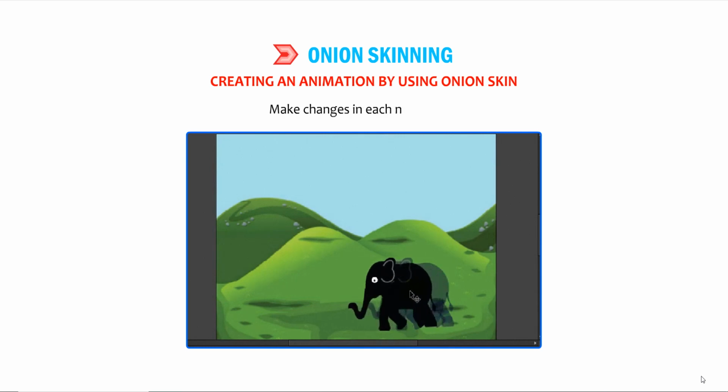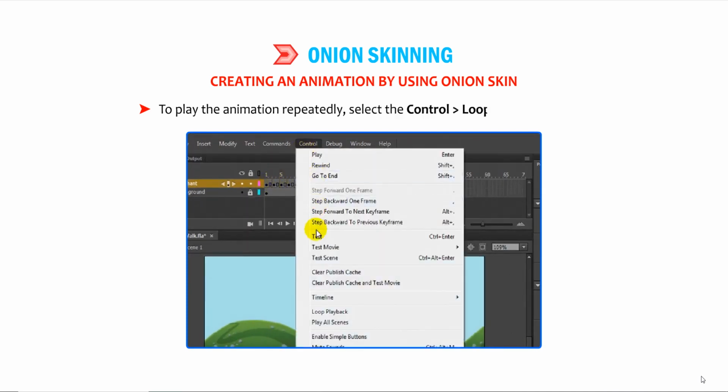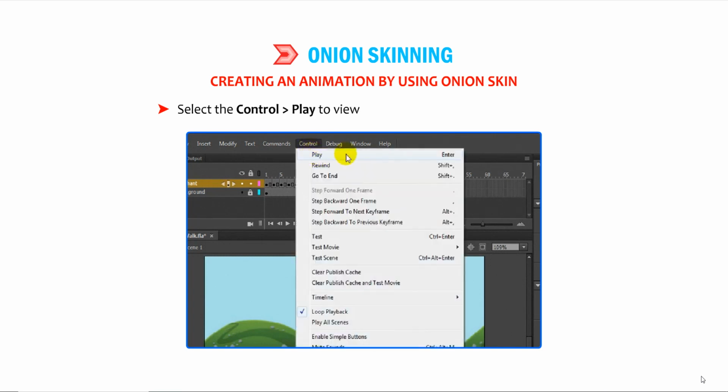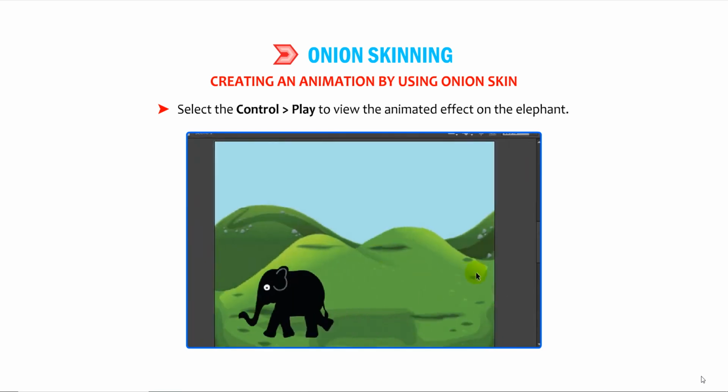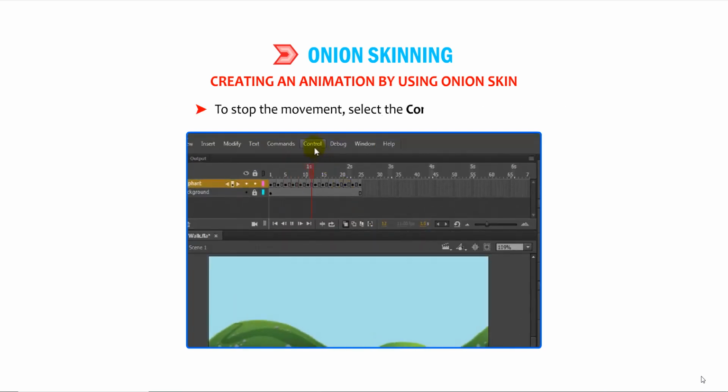Make changes in each new frame. To play the animation repeatedly, select the Control then go to Loop Playback option. Select the Control then Play to view the animated effect on the elephant. To stop the movement, select the Control then Stop option.